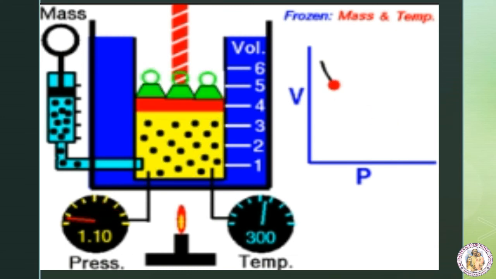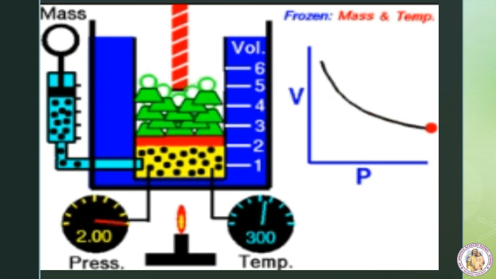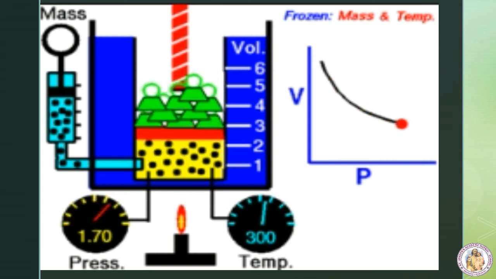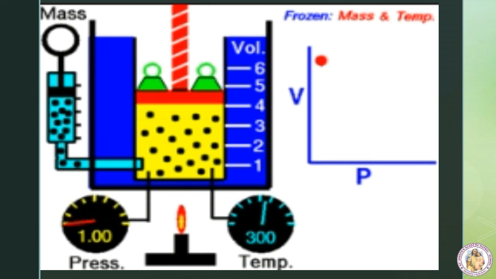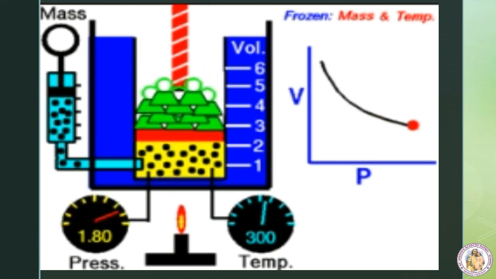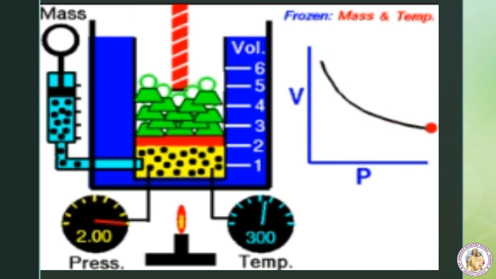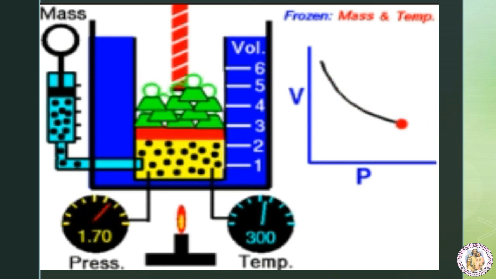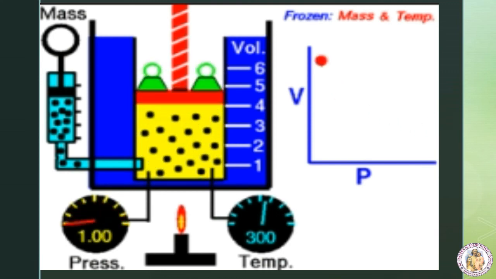This is Boyle's law. When we see the graph also, we can understand. So Boyle's law: when the temperature of gas is kept constant, there is no change in the temperature, the volume of a fixed mass of gas is inversely proportional to its pressure. P is the pressure and V is the volume.